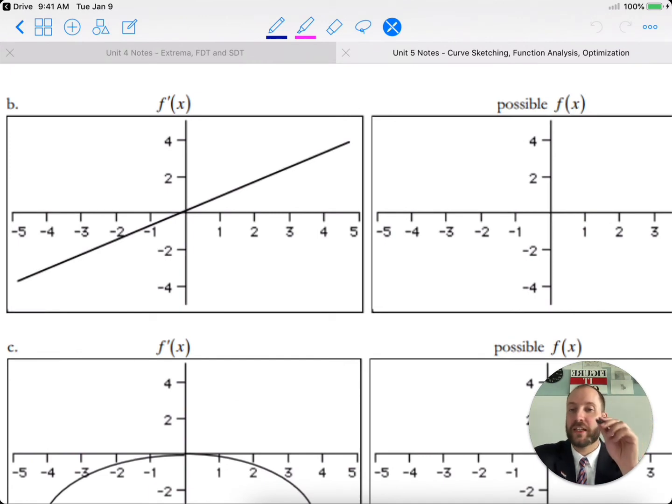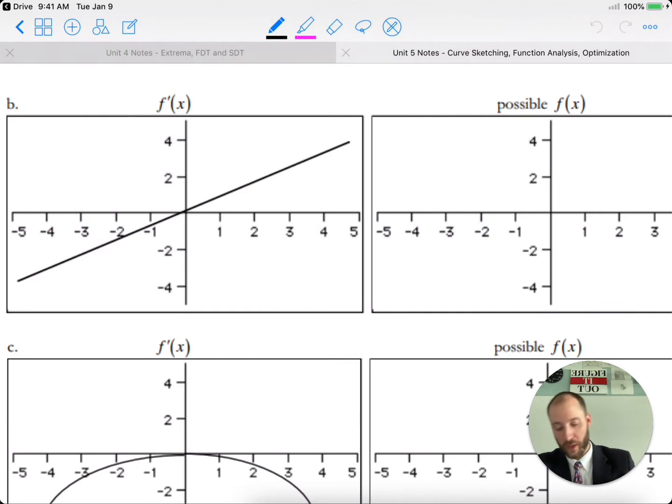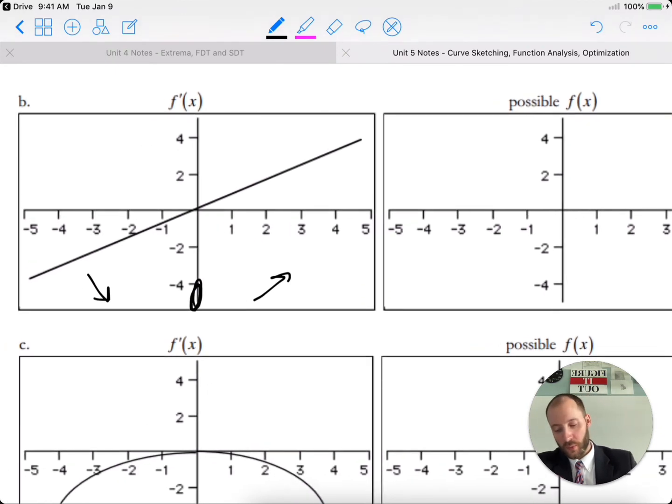Example B, we see the slope is negative then positive. A negative slope means decreasing behavior. A positive slope means increasing behavior. And we know the change in that behavior happens at the y-axis at x equals 0. So we need a negative slope, but getting less negative as you get closer to the y-axis. After the y-axis, a positive slope gets more positive.